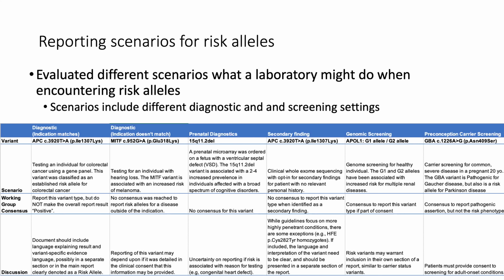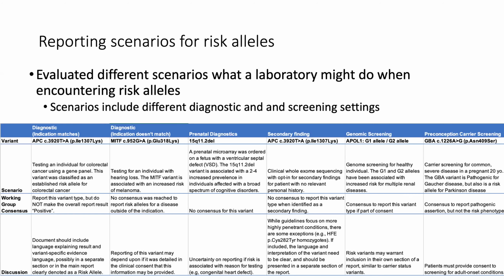So this is an instance for GBA where the variant's pathogenic for Gaucher, but a risk variant for Parkinson's disease. And typically these types of risk variants are not in the consent or not being looked at. So that's why it felt like it was in that situation. Most often the lab would not end up wanting to return it.